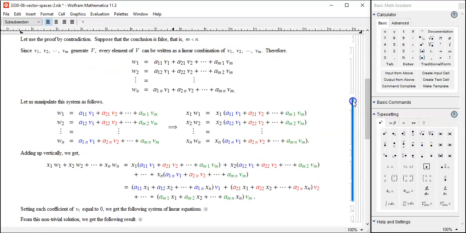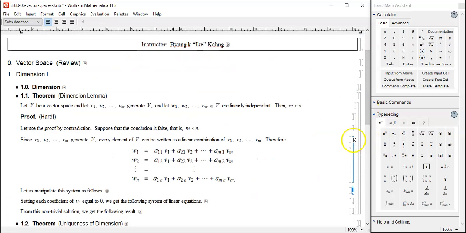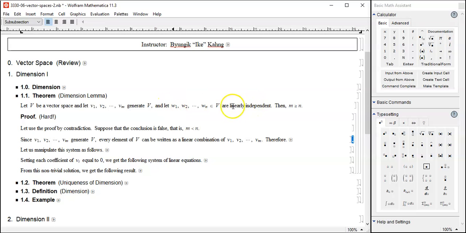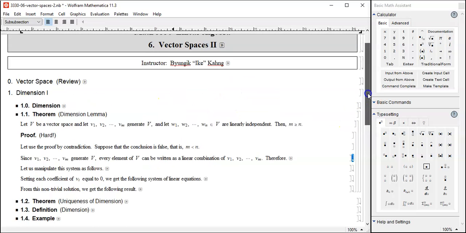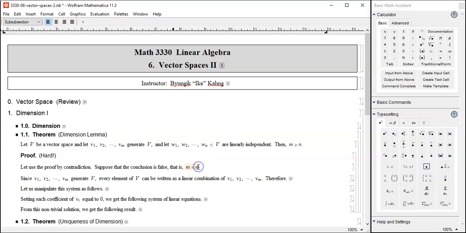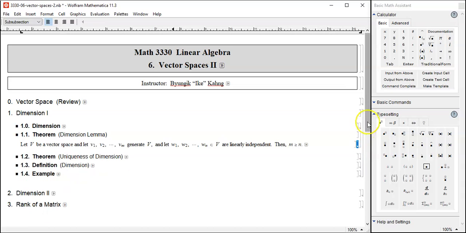However, that contradicts our assumption that they were linearly independent. There goes a contradiction. We started from taking m strictly less than n. That was the negation of the conclusion, right? So we started from negating the conclusion, and then we ended up with a contradiction. That completed the proof.